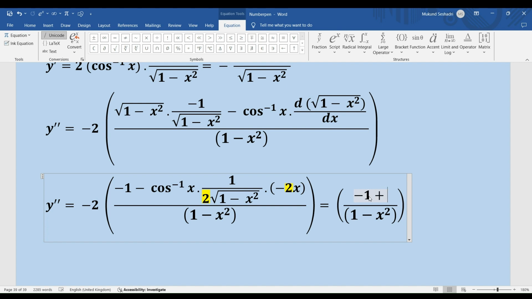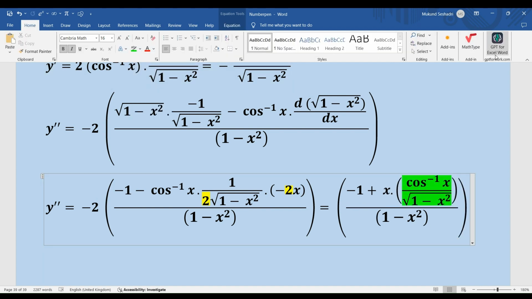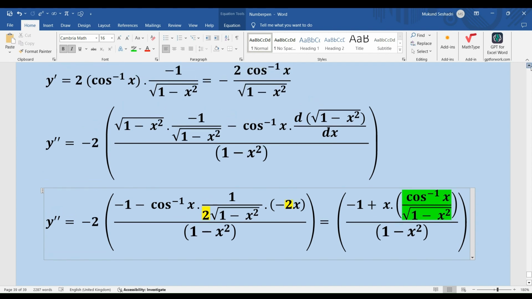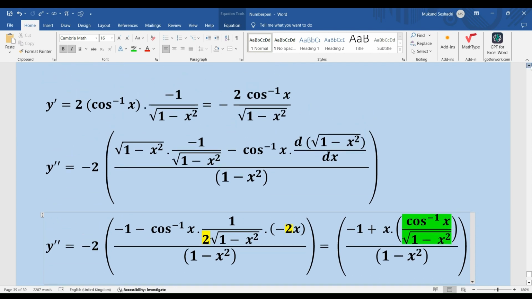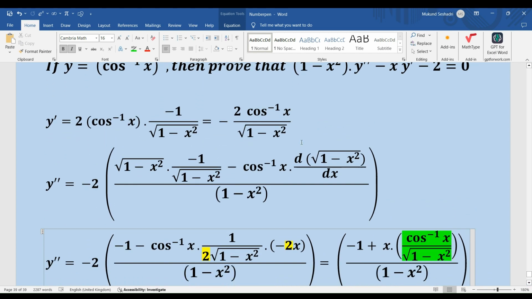So I turn them into a positive sign and I have nothing but x times cos inverse of x divided by square root of 1 minus x square, right? I have highlighted this in green. Can I draw a parallel to one of my earlier workings? The answer is yes, right?